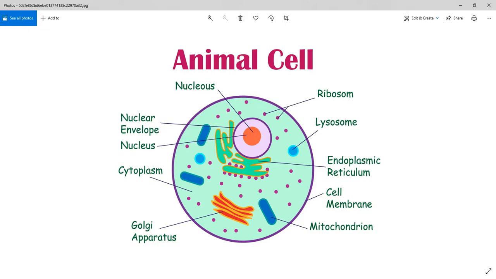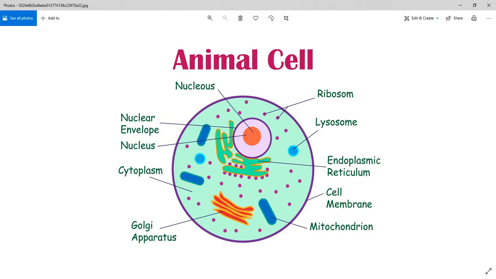Inside the chromatin network, we have things called chromosomes. Those chromosomes are what has the DNA, which we're going to be discussing shortly. This DNA differs from organism to organism, from person to person.